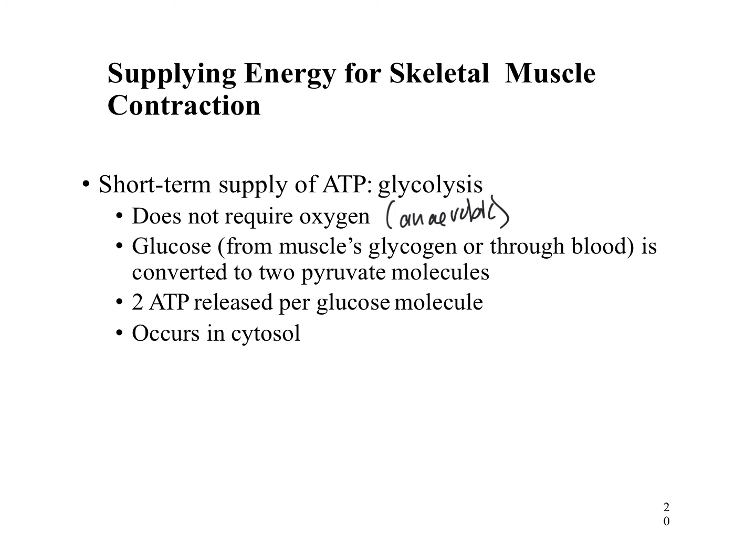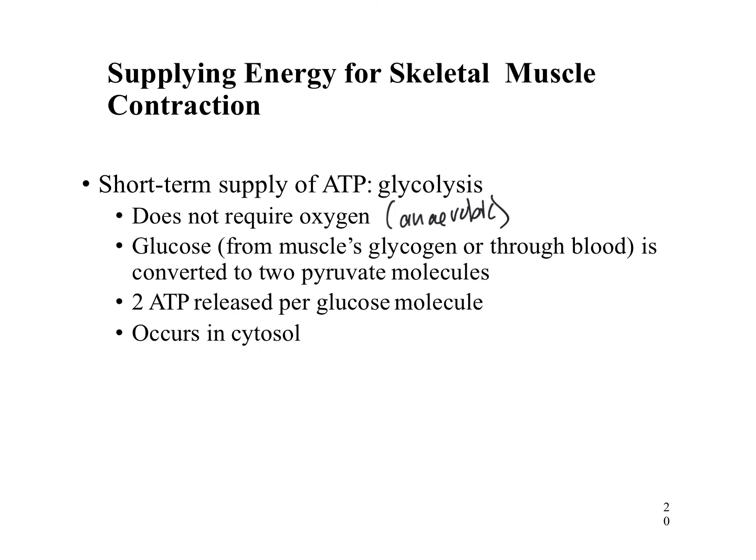Glucose molecules are clipped off the end of glycogen, and then they go through glycolysis. Or it could come through blood glucose, depending on if the muscle is deprived of glycogen or not. Okay? Converted to 2 pyruvate molecules, we produce 2 ATP per glucose, and this occurs in the cytosol. Okay? Pretty straightforward. All right?